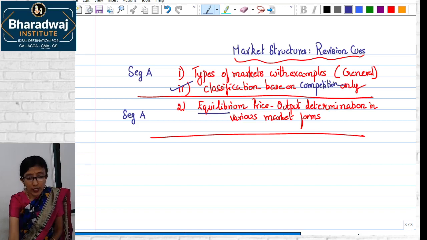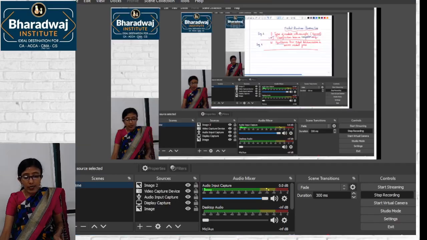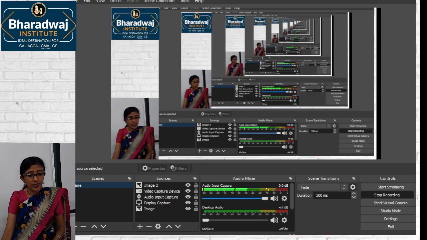So there is general classification and competition based classification. General, we saw geographical location, regulation of market, volume of business, nature of the transaction, and along with time, one among that was competition. Here we are talking directly about classification based on competition itself.